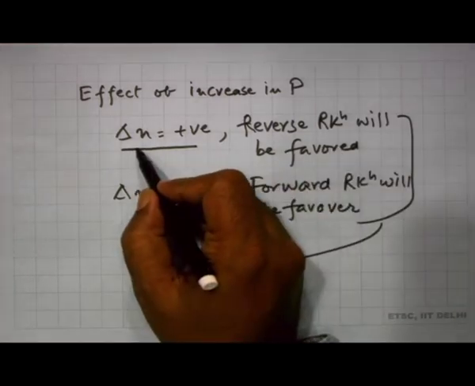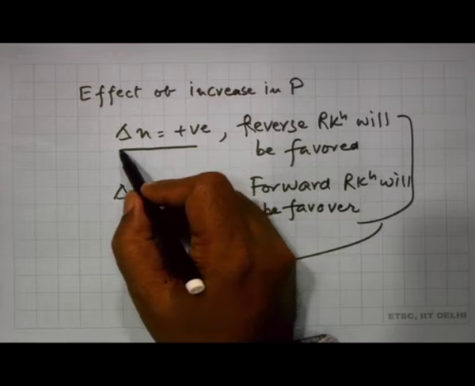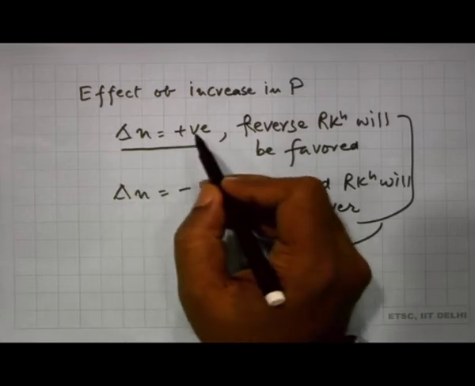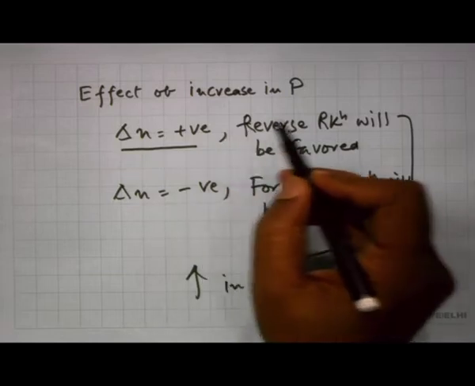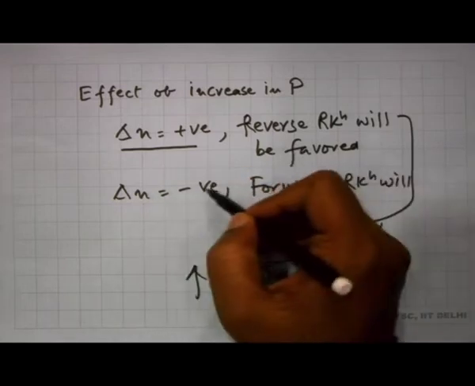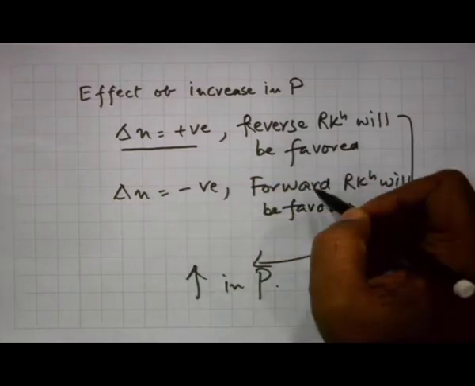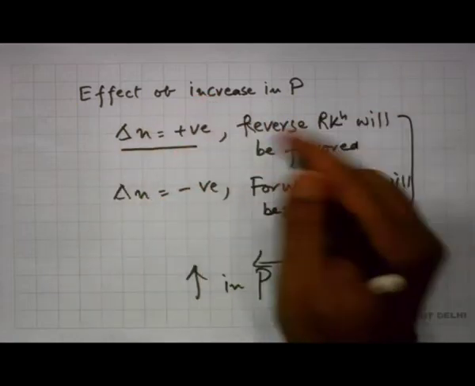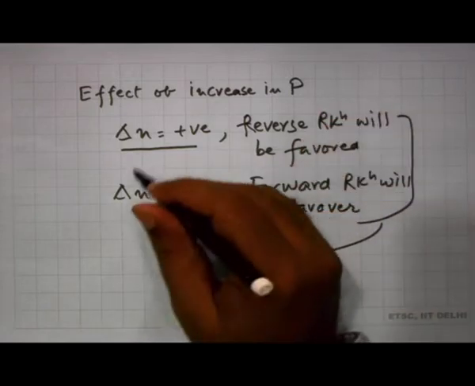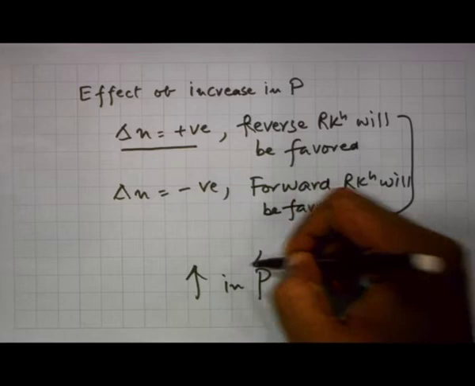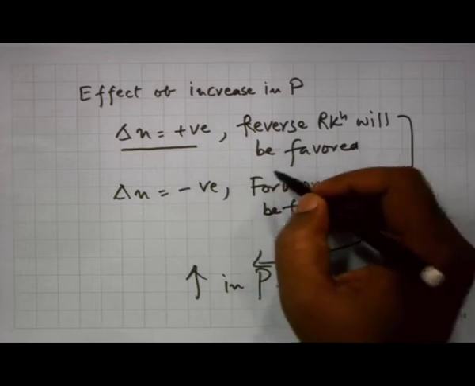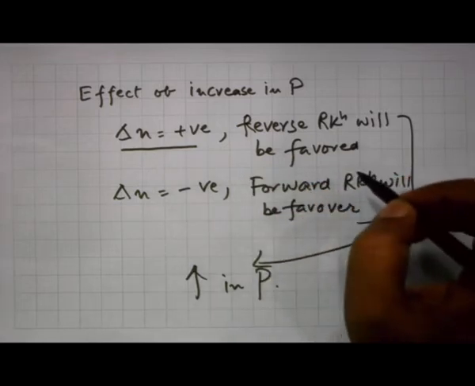Delta n is the change in stoichiometry: the stoichiometry of products minus the stoichiometry of reactants. If it is positive, the reverse reaction is favored; if it is negative, the forward reaction is favored when we increase the pressure.